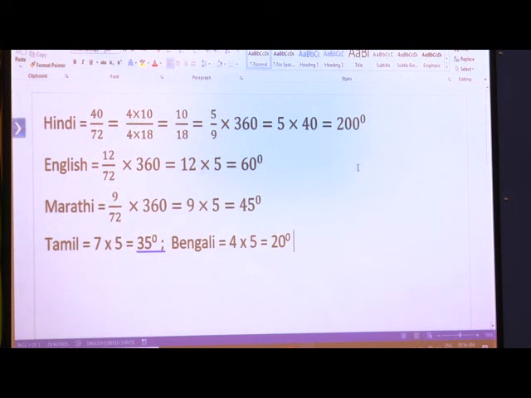Now let us switch to draw the pie chart of Hindi representing 200 degrees, English 60 degrees, Marathi 45 degrees, Tamil 35 degrees and Bengali 20 degrees. Let us switch here.